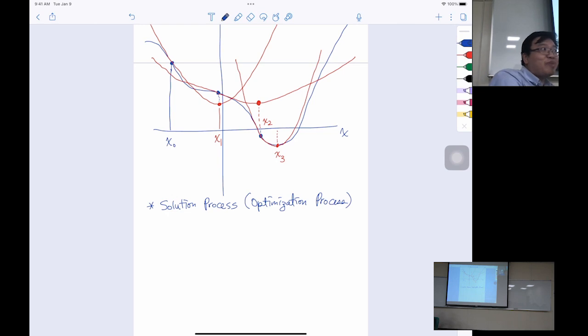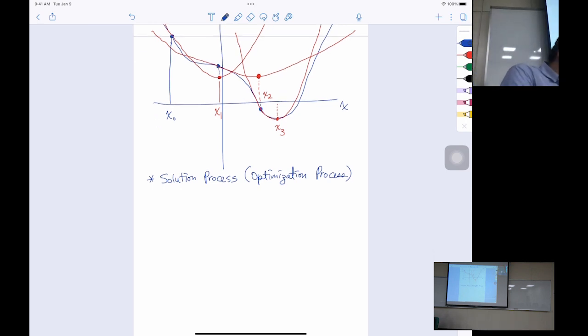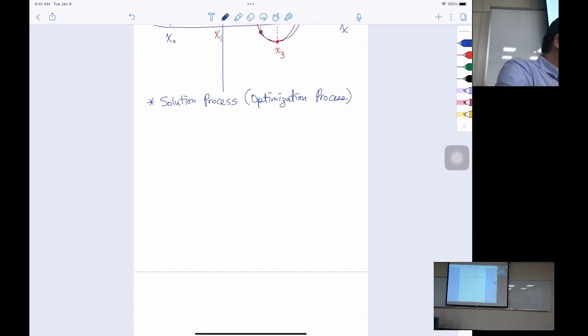And this is important because if you are writing an optimization code, the following process will be exactly how you write the code. And many times in papers, they don't tell you this. They assume you know how to solve it. Okay, so now I'm going to tell you what the process looks like in a mathematical way.